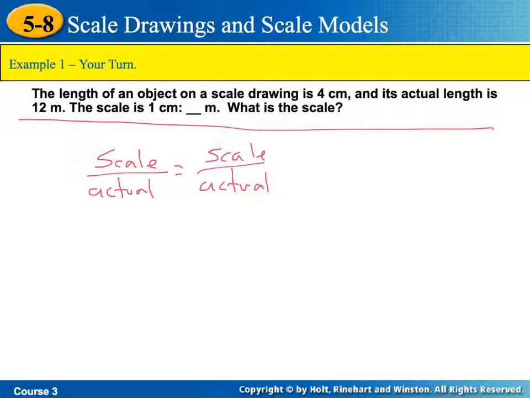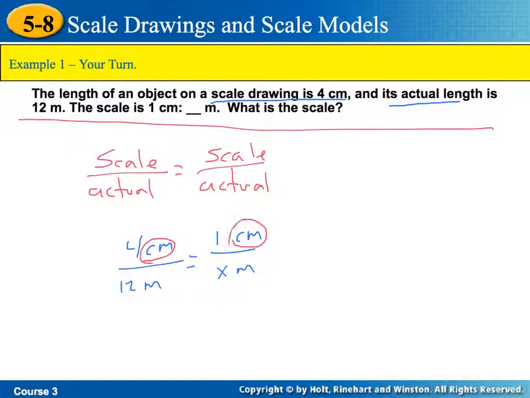What is the scale? Okay, now as you look at this, scale over actual, this first piece of information is on a scale drawing. So my scale is 4 centimeters. Its actual length is 12 meters. I'm going to set that equal to 1 centimeter over X amount of meters. I want to make sure that my labels of centimeters on top line up.